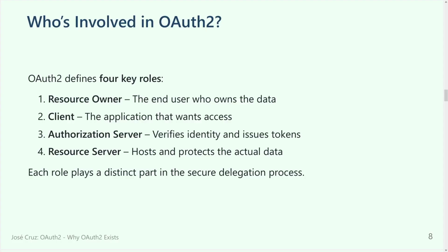So the resource owner is a person. Then you have the client, which is the application that wants access, which will be our photo printing service. Then we have the authorization server, which will be Google in this case, which verifies the identity and provides a dialog box saying, okay, give me your username and password, and please accept or not the scopes that the client is asking for, in our case, photo read.